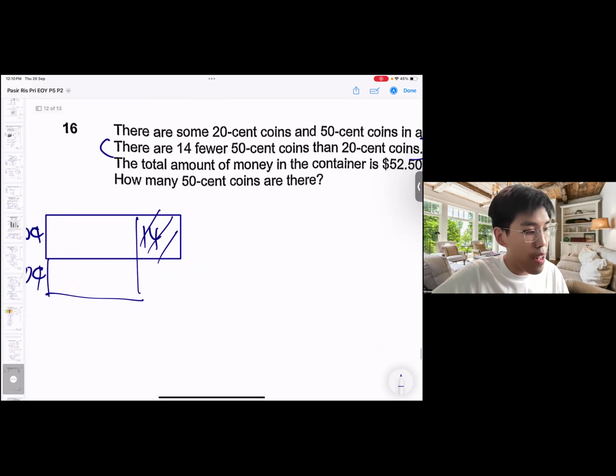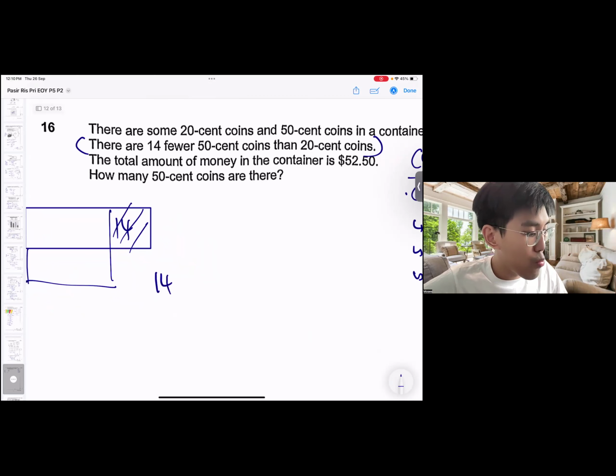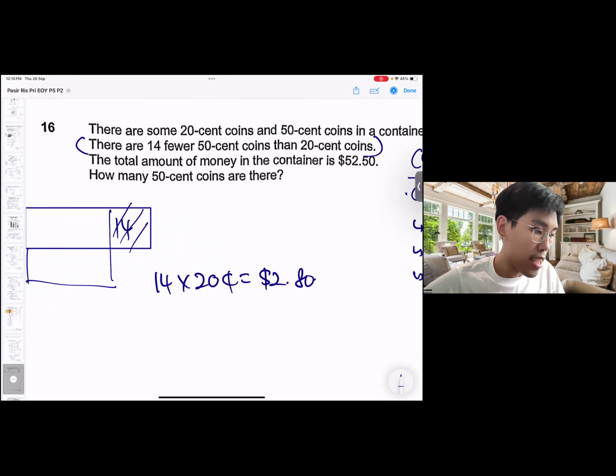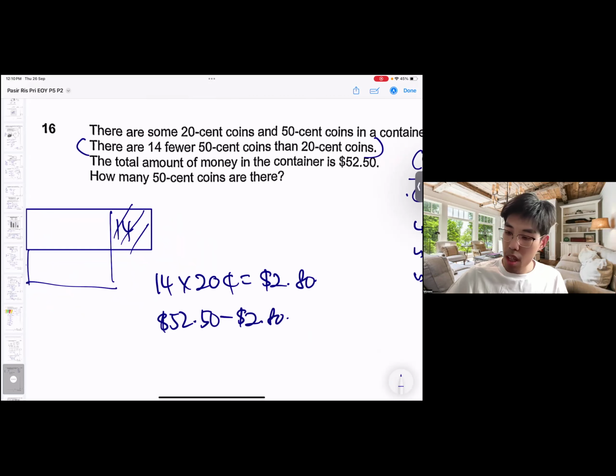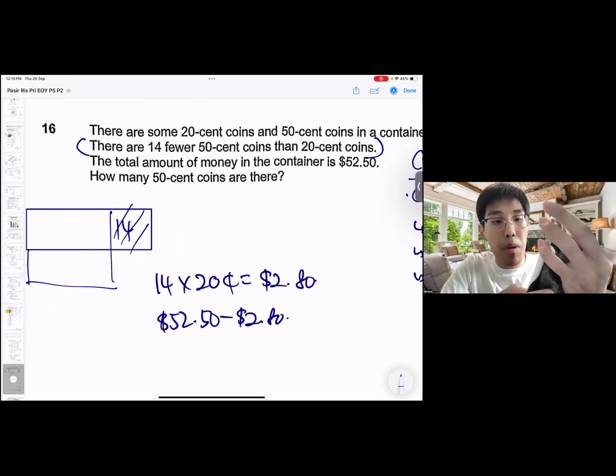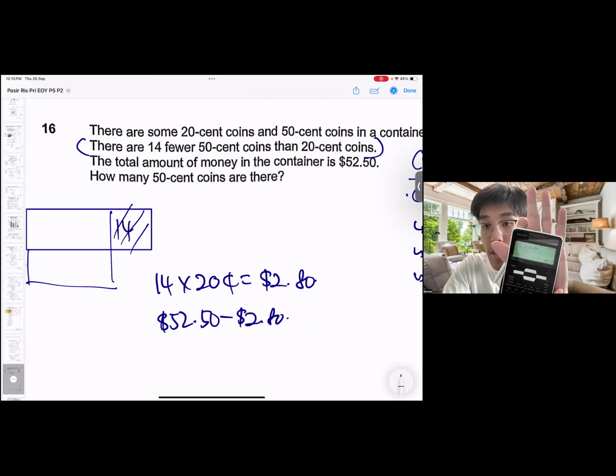So the first step is to do 14 times 20 cents, which is $2.80. Then we take this $2.80 away from the current total. So 52.50 minus 2.80 will be 49.70.